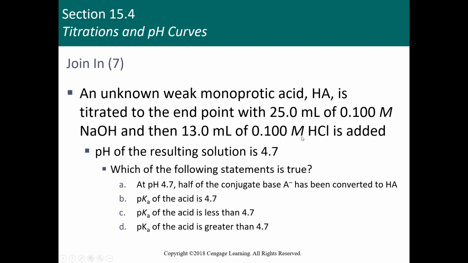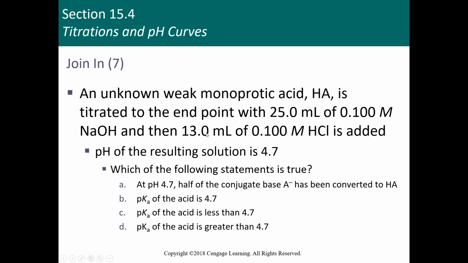Okay, so hopefully you realize when you look at this that we have titrated a weak acid with a strong base here. We found the endpoint or equivalence point, right, which was 25 mils. And so the half equivalence point, which would have given you your pKa, would have been like 12.5, right? Half of that. Now, when we add 13 milliliters of 0.1 molarity HCl, notice these molarities are the same.